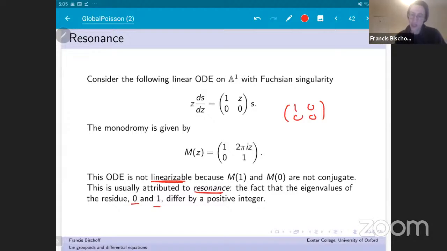And that's usually cited as the reason why this differential equation is not linearizable. But a minute ago, I explained why the obstruction to linearizability actually lies in the unipotent part of the monodromy. So I want to explain how these two things fit together.